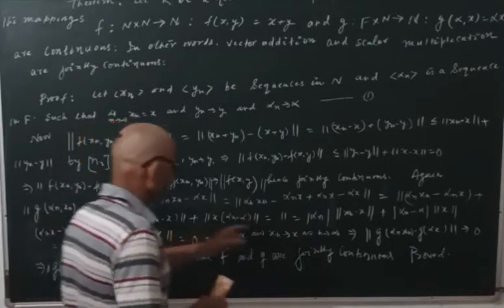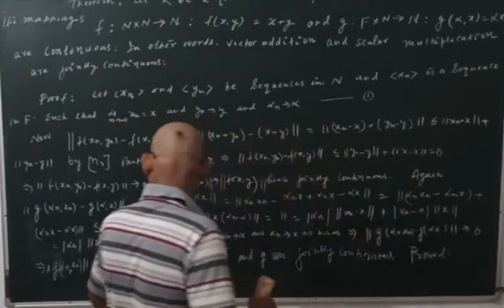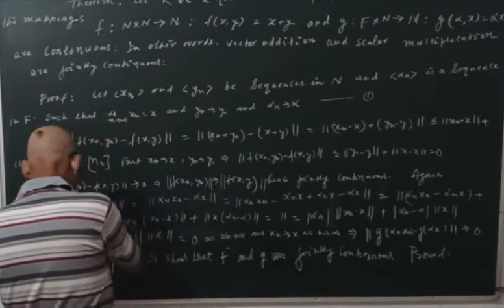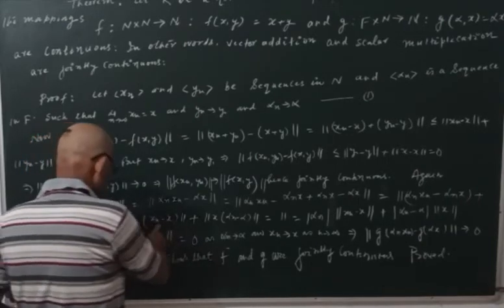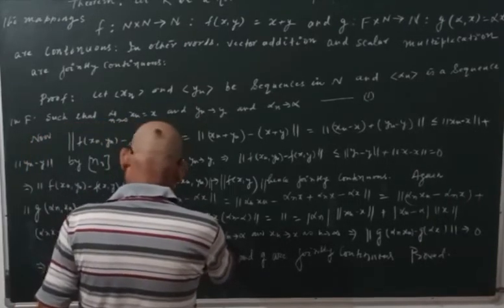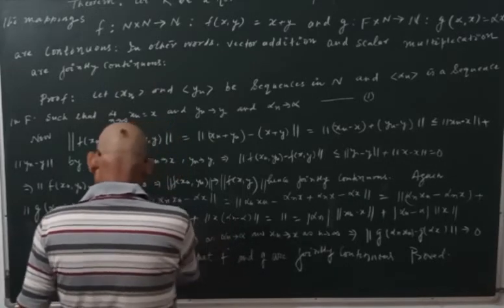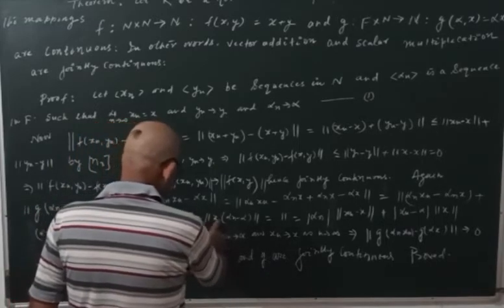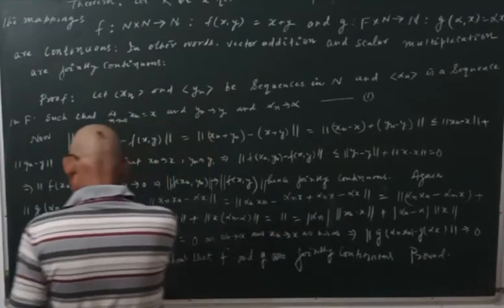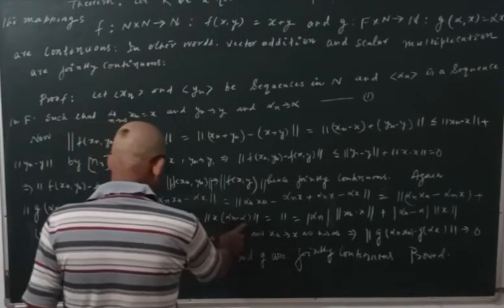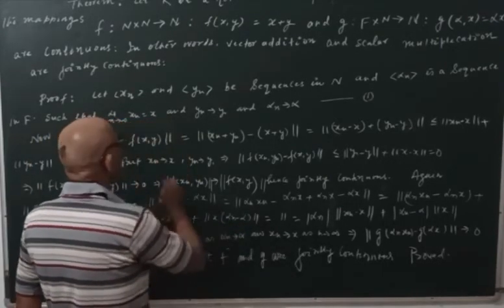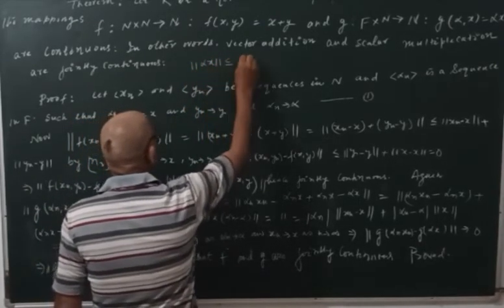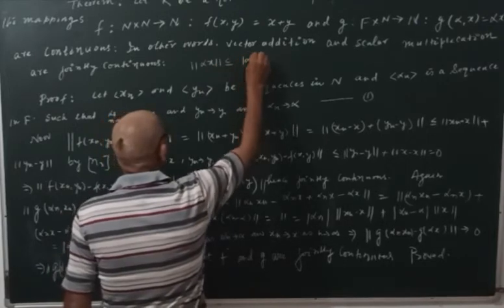We take alpha n common in the first term and x common in the second. We know that the norm of alpha x is less than or equal to the modulus of alpha times the norm of x.